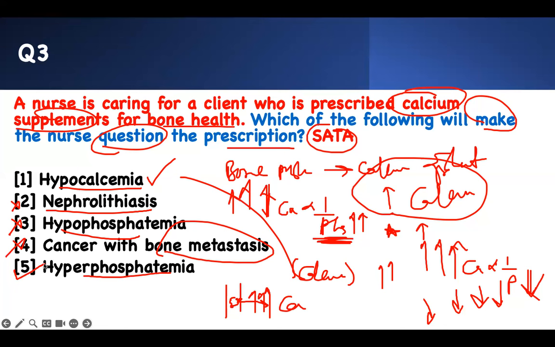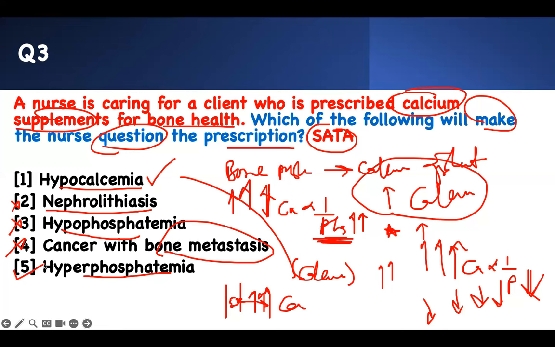The nurse does not need to question because high phosphorus, when you give them calcium, it would lower their phosphorus, which is good. If your calcium is low, I give you calcium, it will bring you back. But if you have kidney stones, I give you calcium, you form more kidney stones. If your phosphorus is already low, I give you calcium, you go down. It's not a good thing.